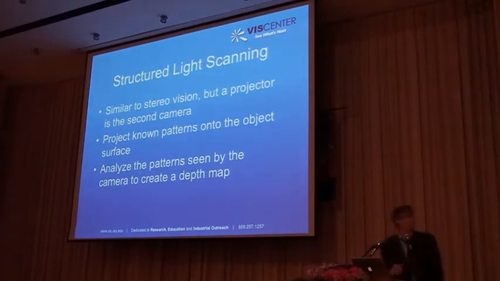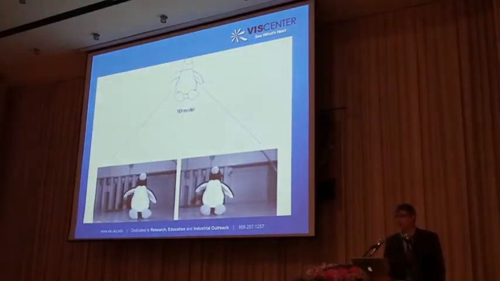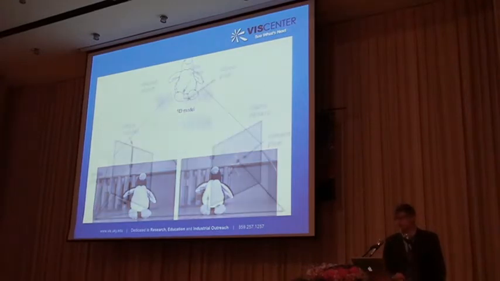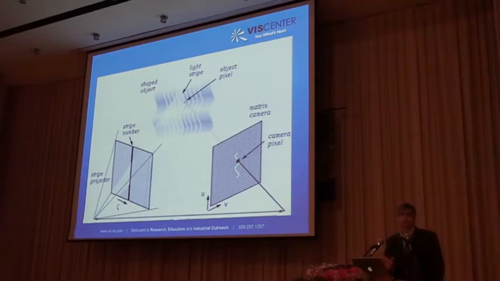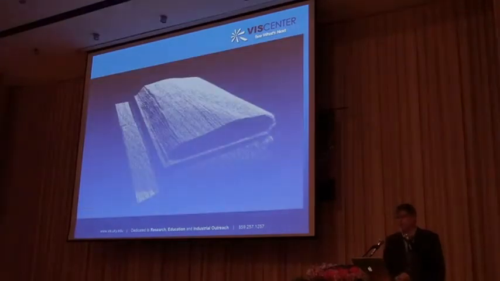I'm going to go very quickly over the technology, but it's a lot like stereo vision. You can go to the movie and watch something in 3D. Instead of two images to create the 3D model, you use one camera image and a projector that projects a known pattern. And you can triangulate the distances, and calculate the depth map.